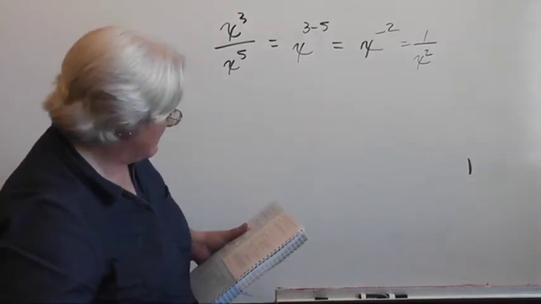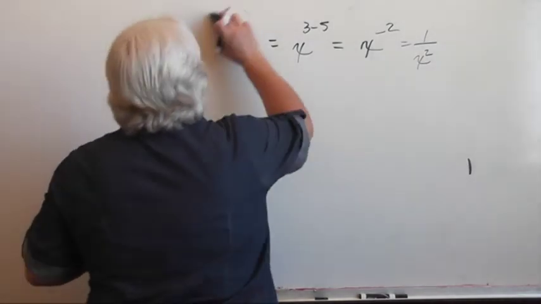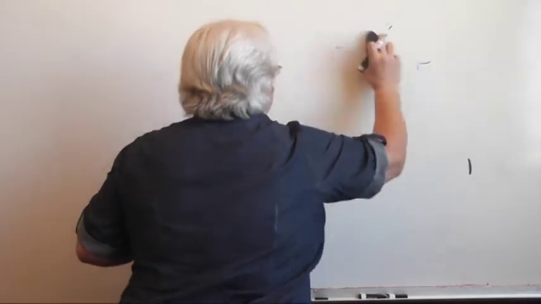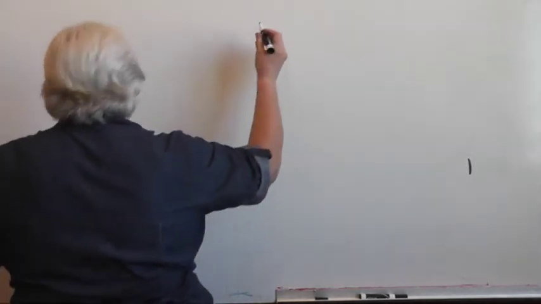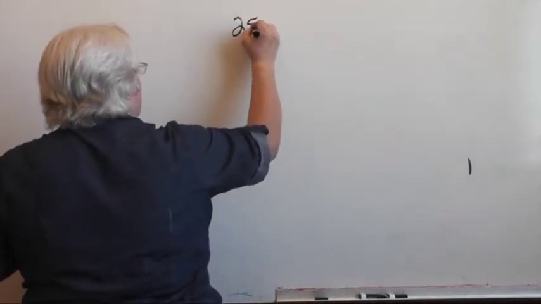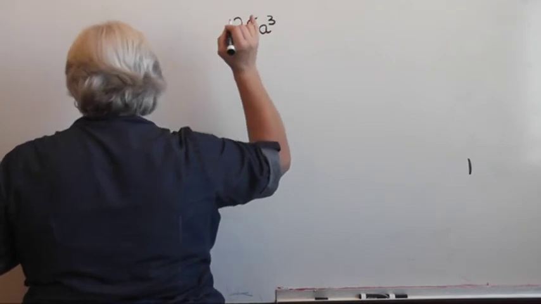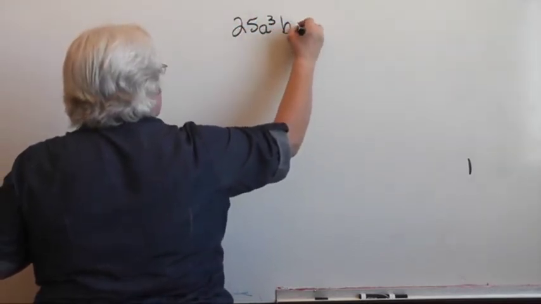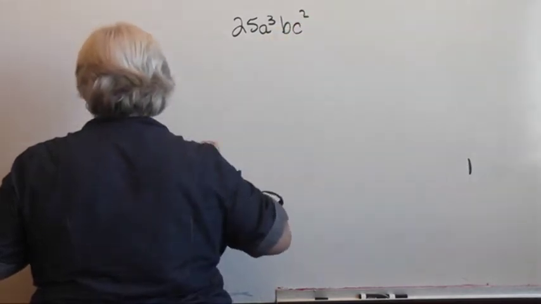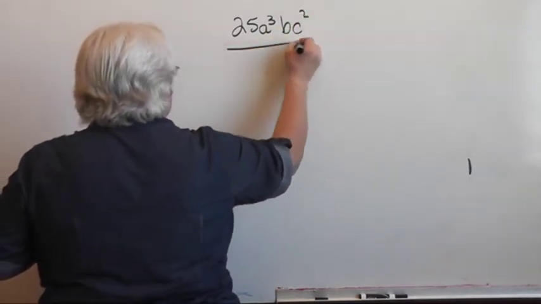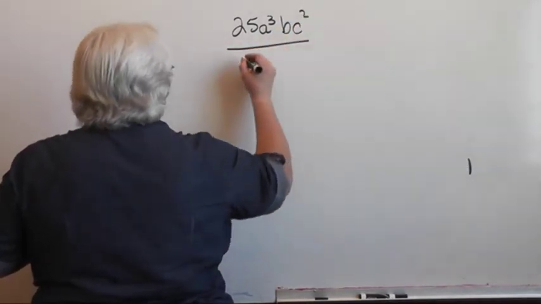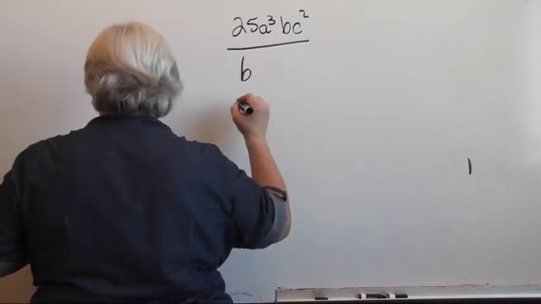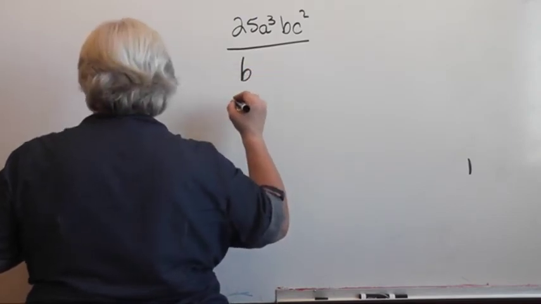Now, we have example number 2. Example number 2 says, let's divide 25a cubed bc squared divided by 5a b cubed c.